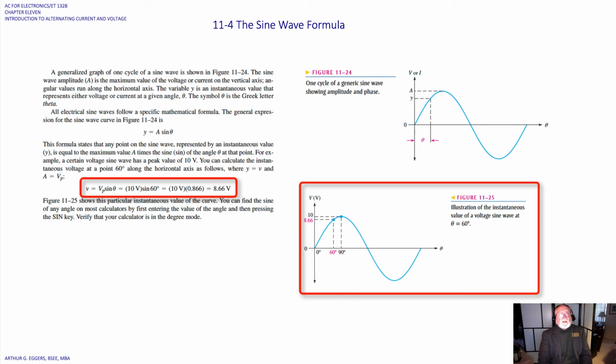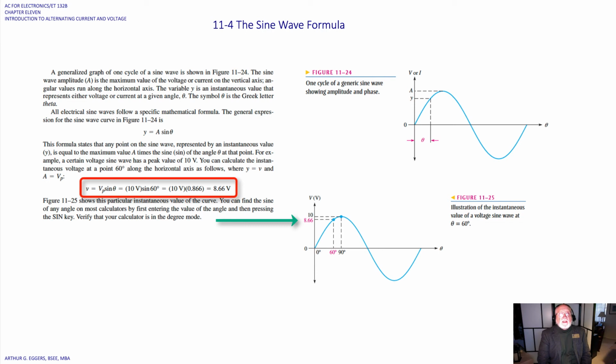So 10 volts times the sine of 60 degrees gives us 10 volts times 0.866, or 8.66 volts. As you work with sine and cosine values more, you'll start to where you won't need your calculator to calculate the sine of angles that occur over and over again. Sine of 30, sine of 0, sine of 60, sine of 90, sine of 180. You'll start to get used to them.